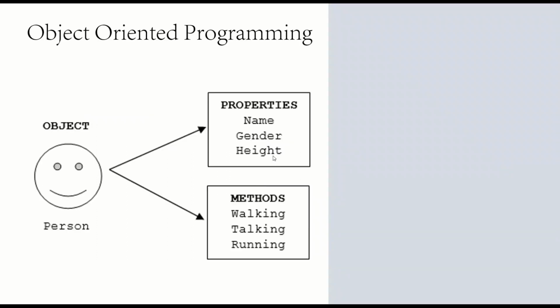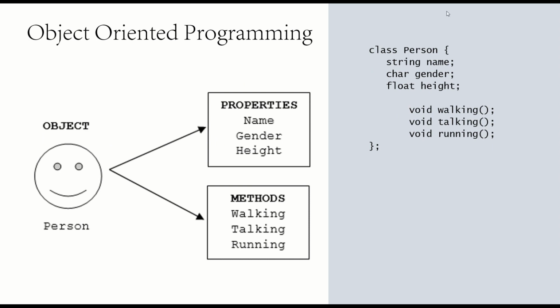For the proper implementation of a class, you have to name your class. In this example, we have named our class person. Then our class has its data members. We need to specify the data type and the functions.